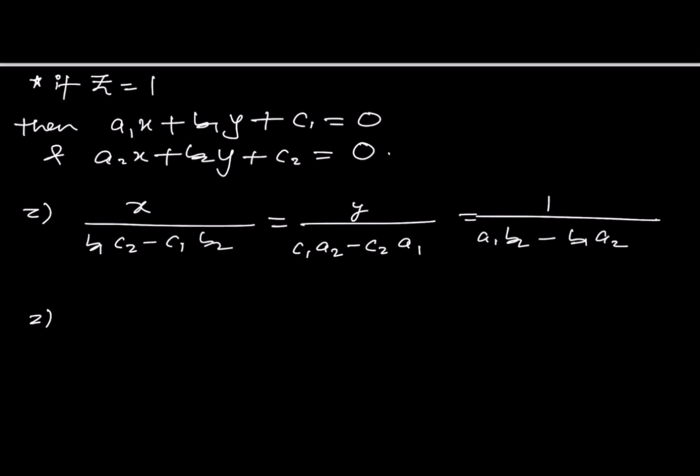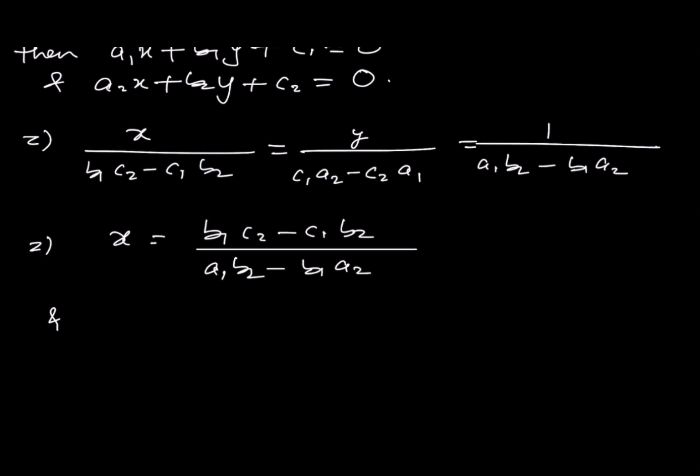So x will become (b1 c2 minus c1 b2) upon (a1 b2 minus b1 a2), and y will become (c1 a2 minus c2 a1) upon (a1 b2 minus b1 a2).